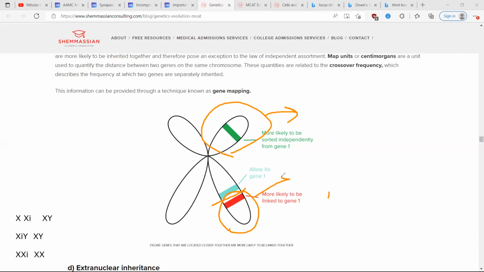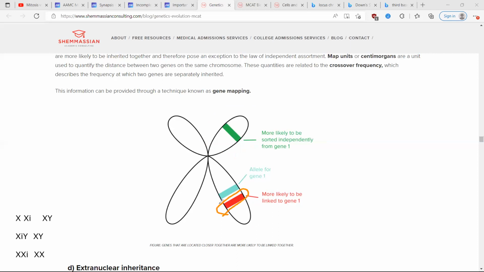If that happens, then the red and the green genes would be unlinked from each other, right? Because they're kind of free to swap, and it's probable that they can swap. However, the blue and the red gene are not probable to be unlinked because they're very, very nearby.